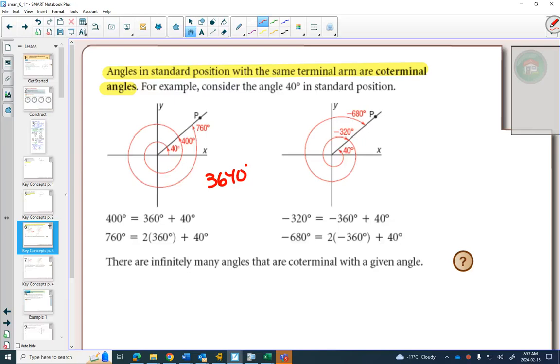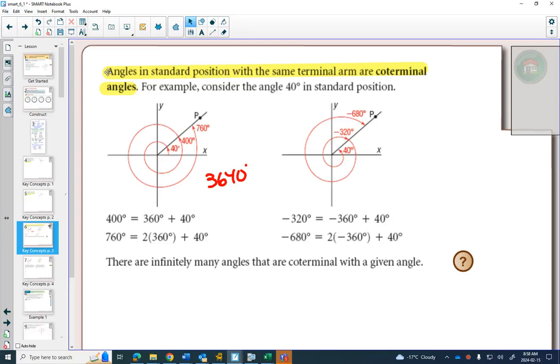How many 360s did I add? 10 of them, right? 10 times 360 is 3,600 plus the 40. That's going to end in the same place. It'll just go around and around and around. Does it make sense that there are an infinite amount of coterminal angles?